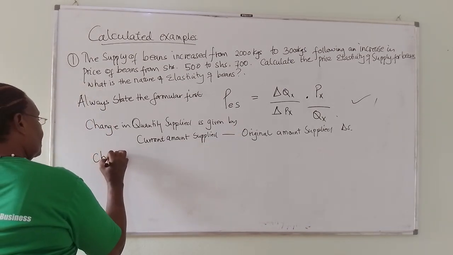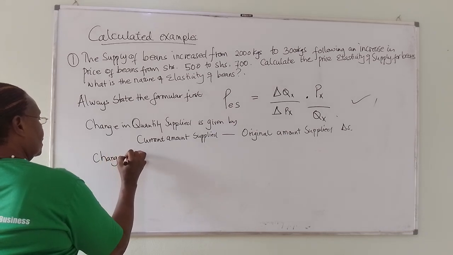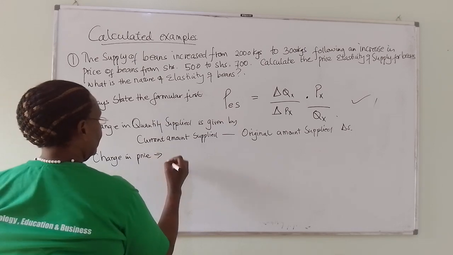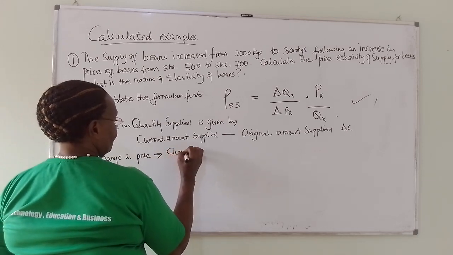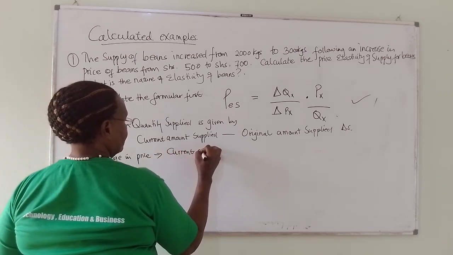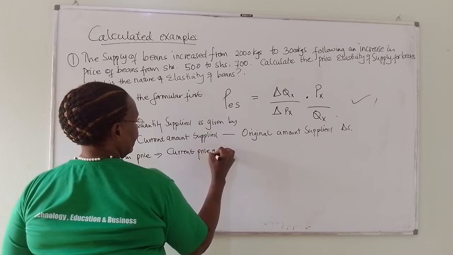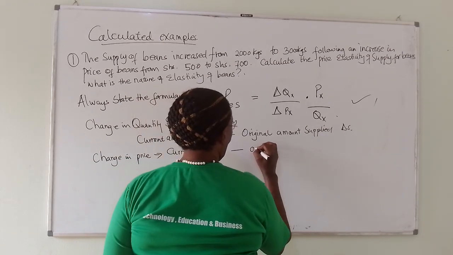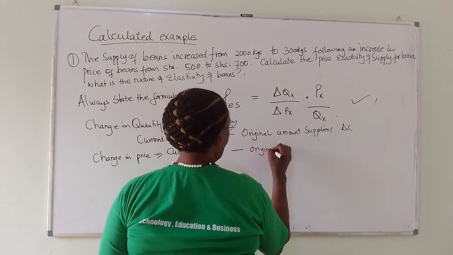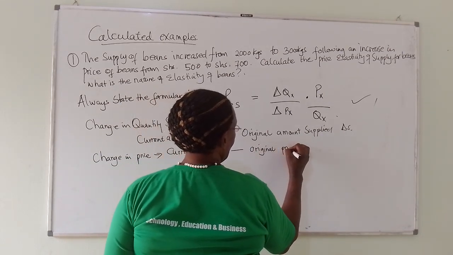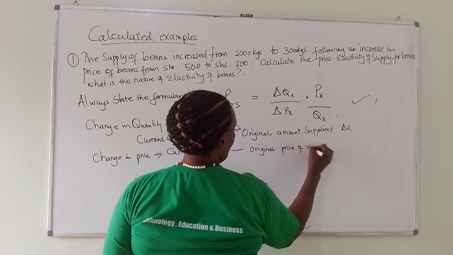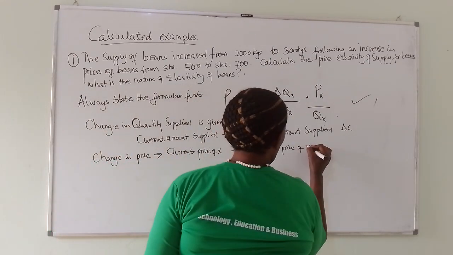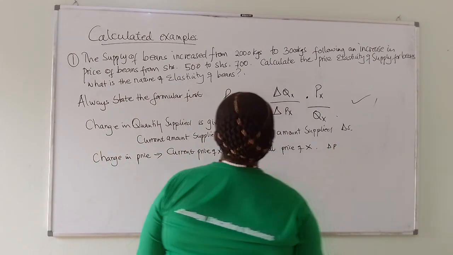And similarly, change in price is given by current price of commodity X, and you subtract the original price of commodity X. There, what do you get? You get the change in price.